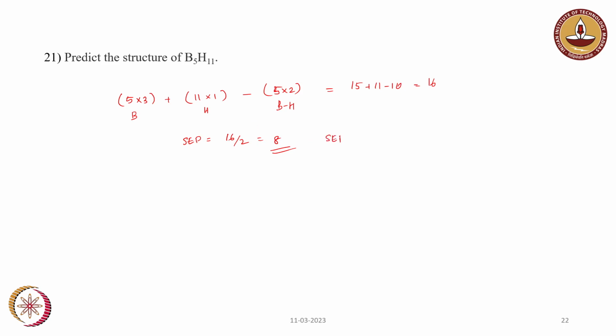SEP is n plus 1, so n will be 7. Here we are given B5, so 5 is n minus 2. In closo it should have n, and in nido it will be n minus 1.